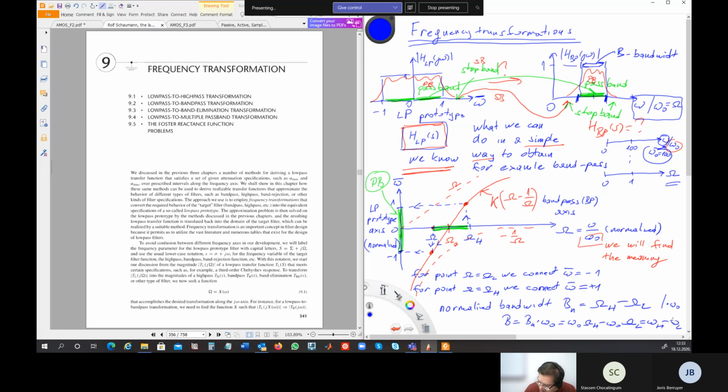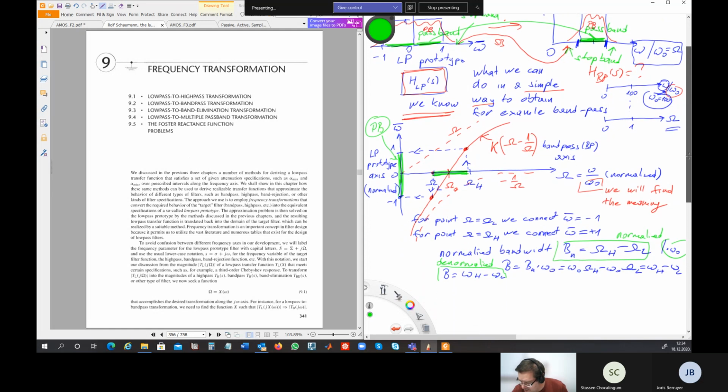Okay, so we can use either this notation, which is normalized, it's divided by omega 0. It's not a problem. Or we can then back multiply it by omega 0, and we can use another notation, which is denormalized. It is B equal omega H minus omega L. So this is also useful to say now. This is denormalized.